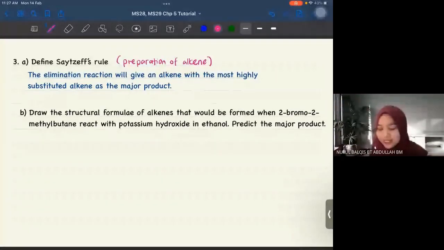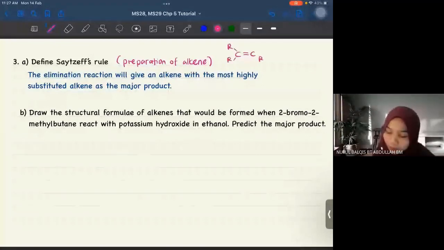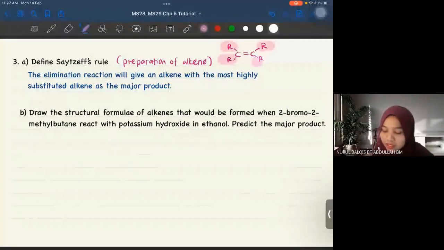Okay, macam mana kita tentukan? Okay, so let's say you have this carbon-carbon double bond and then attached to it we have 1, 2, 3, 4 alkyl group. So means we have 4 substituents around this carbon-carbon double bond, is it?